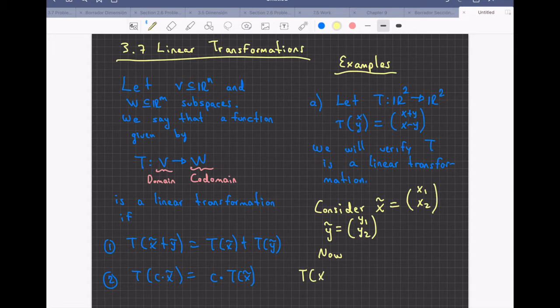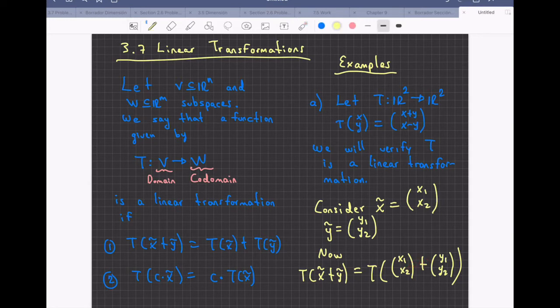T of x plus y is T of (x1, x2) plus (y1, y2). These are vectors from vector spaces, so I can add them as we know how to add in R2.